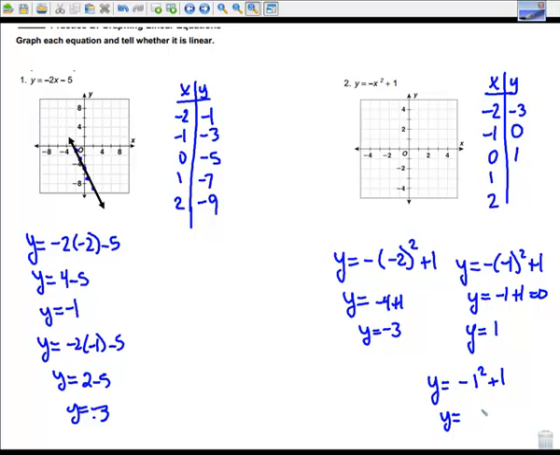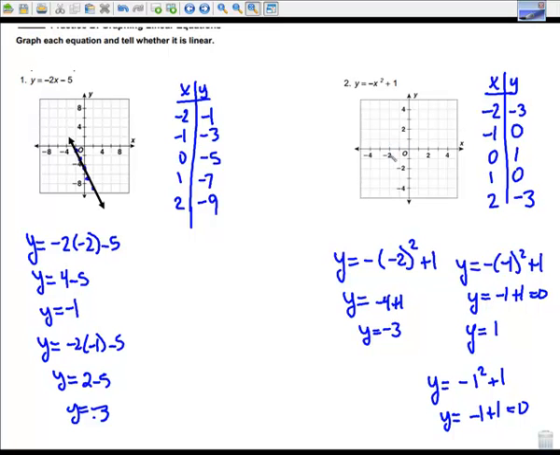Well, the opposite of 1 squared is negative 1, plus 1 is again 0. And then finally I'll do the same thing with 2. The opposite of 2 squared is negative 4. Negative 4 plus 1 is negative 3. So you see there is a pattern, but it's not linear, and you'll see that when we graph it out.